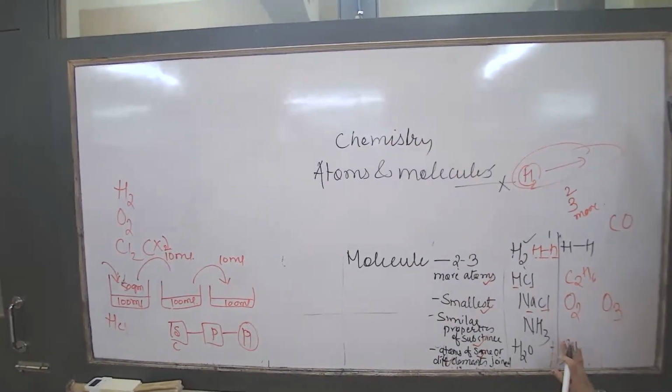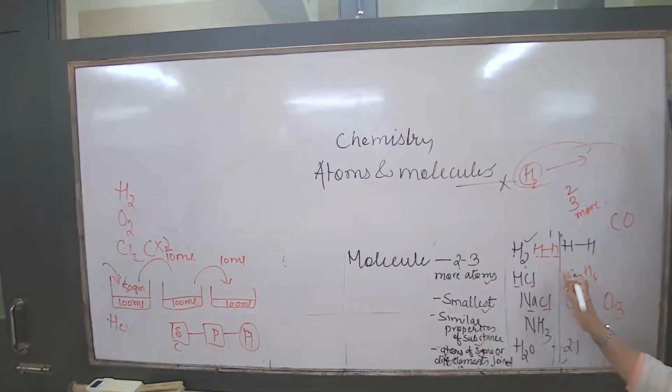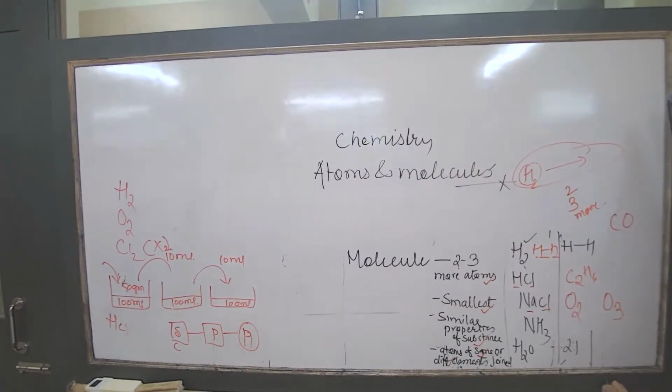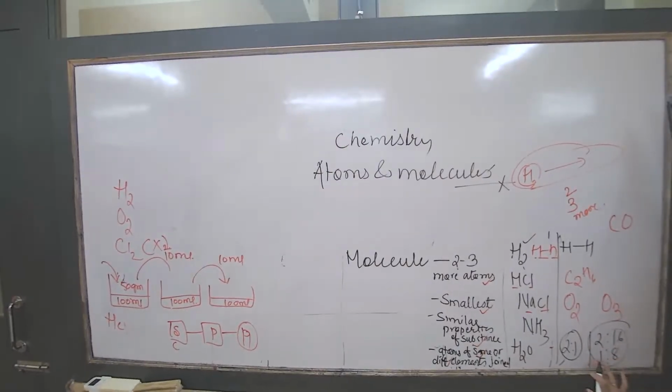If I go by mass, you calculated masses in the beginning. Hydrogen: 1, for 2 hydrogens 2. Then oxygen atom 16. If you reduce it, you will get 1:8. Check in your book whether the value is the same. Same. So this is by number of atoms and this is according to the masses.